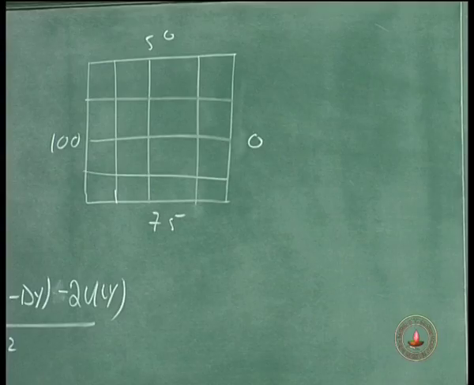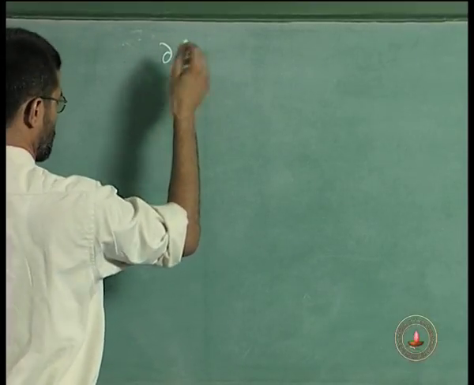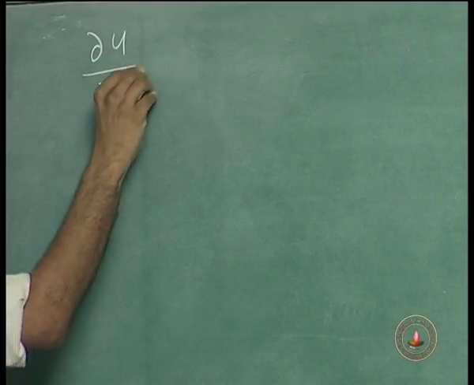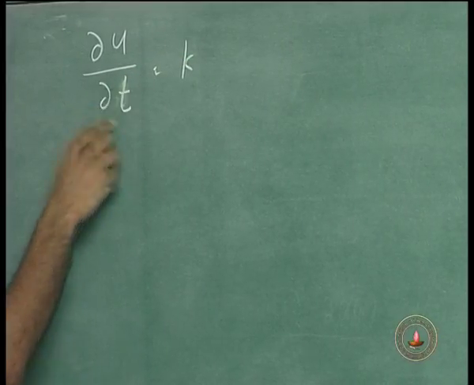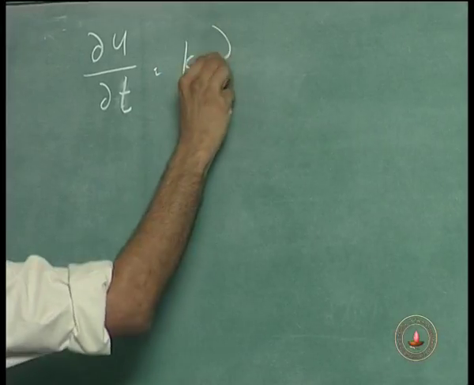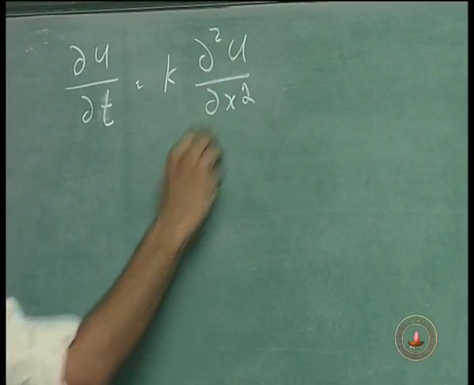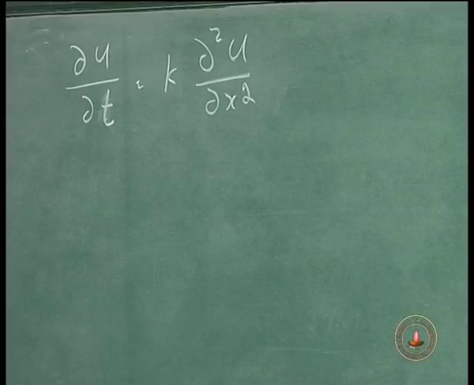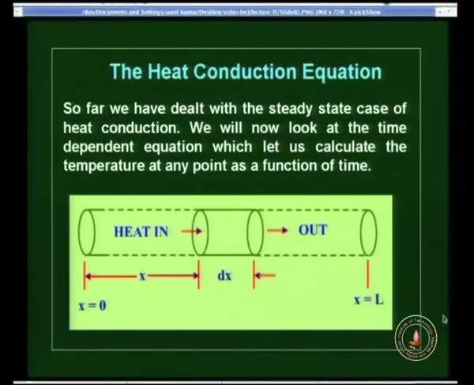So we will be looking at equations of the form del u by del t, where u is again temperature and little t is the time here, is equal to some coefficient times del squared u by del x squared. So we look at equations of this form. Here is one example where this arises, in the case of heat conduction through a thin rod.